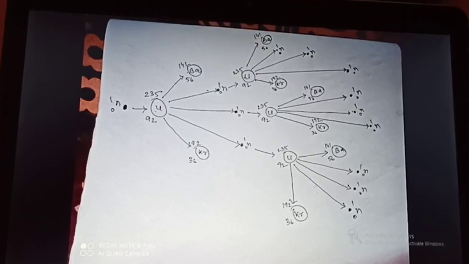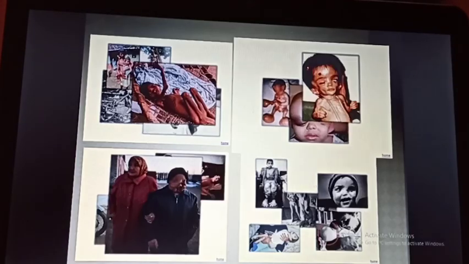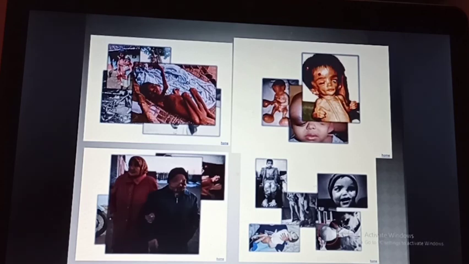These are highly dangerous rays. Among alpha, beta and gamma rays, gamma ray is the most dangerous. They can penetrate through our skin also. So it is highly dangerous, and because of the radioactive elements present over that area, newborn babies are becoming abnormal. Okay, so this is highly dangerous.